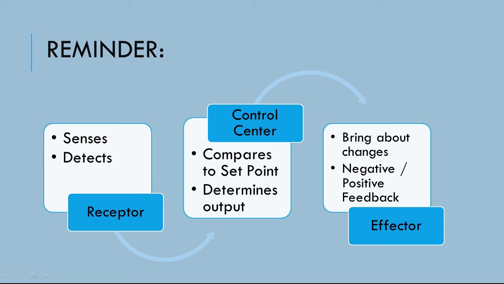It'd be more minimal, like insulin binding to cells at your muscles. The receptor, an insulin receptor, binds insulin. Then the control center would be within the muscle cell, and the muscle cell would express more glucose transporters. The effect would be putting up more glucose transporters.